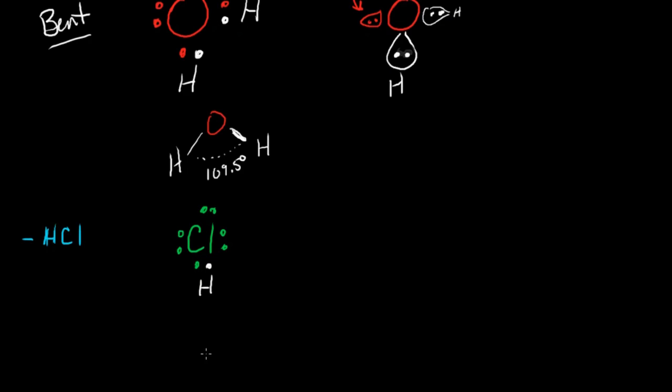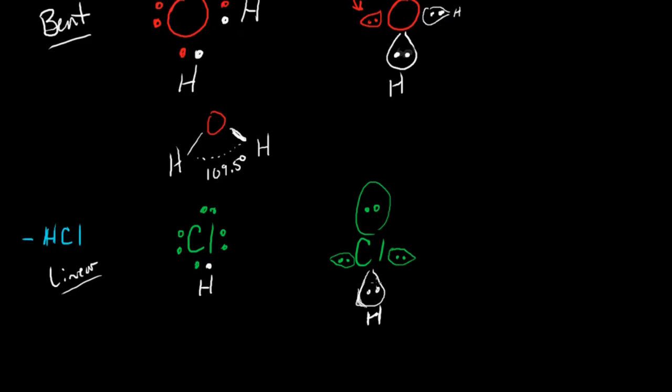Well, there's only 2 atoms. If you have 2 points, what shape do you make? A line. Any 2 points. The only shape you can make with 2 points is a line. This is linear. Okay, and so you've got your chlorine here with electrons out the front, electrons out the back, and a single hydrogen next to it.